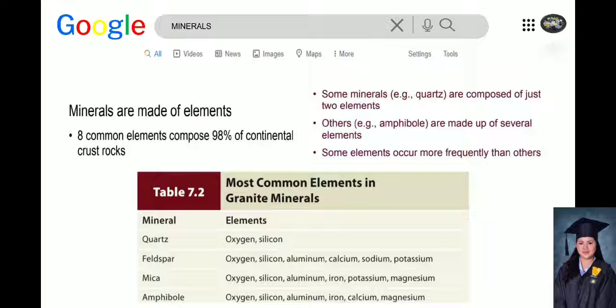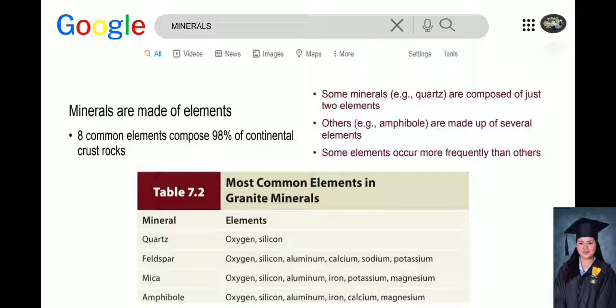Some minerals like quartz are composed of just 2 elements. Others, like amphibole, are made up of several elements. Some elements occur more frequently than others. For example, the quartz here in the table has 2 elements, oxygen and silicon.